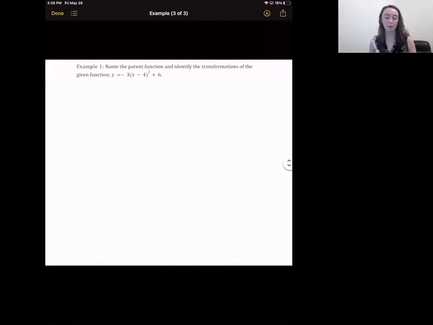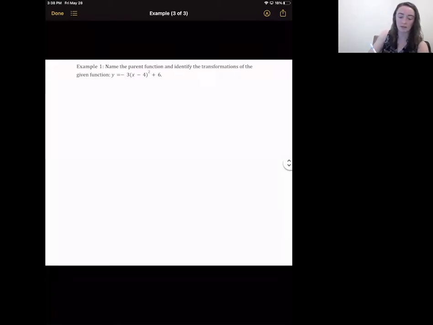Awesome. So example 1 reads, name the parent function and identify all the transformations of this function. And our function is y equals -3 times the quantity x minus 4 squared plus 6.